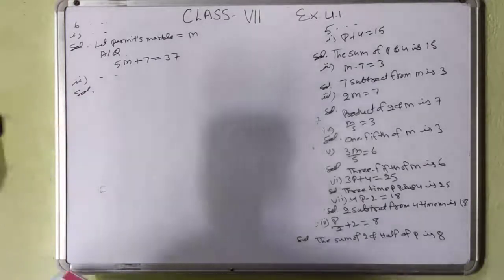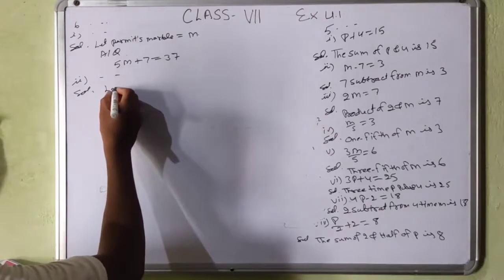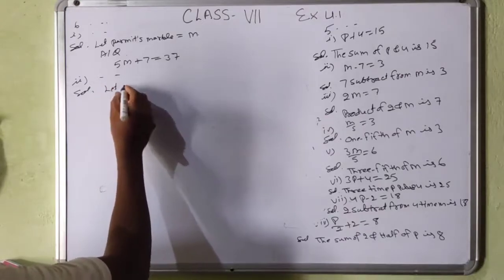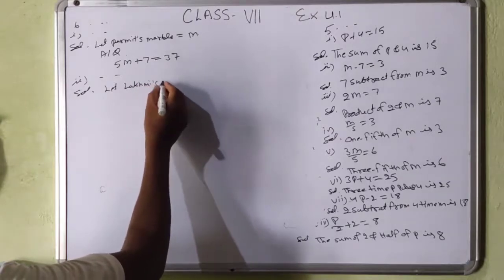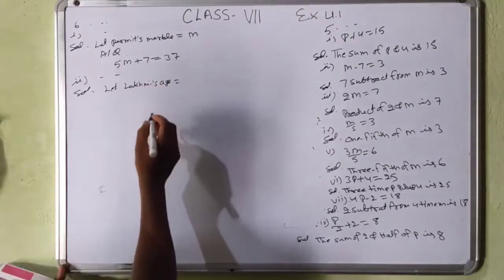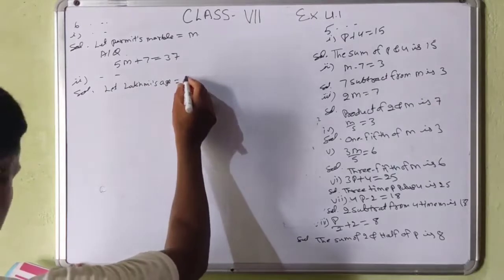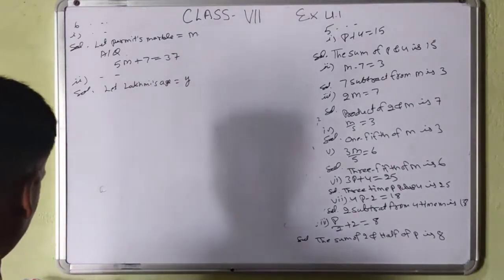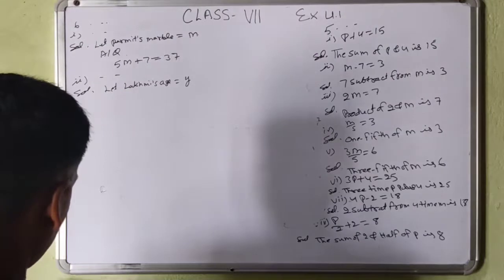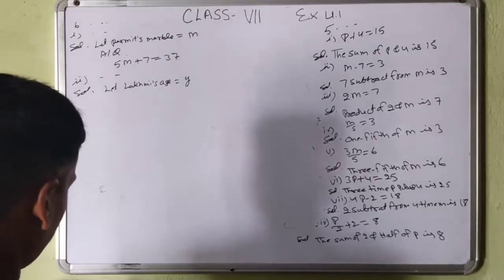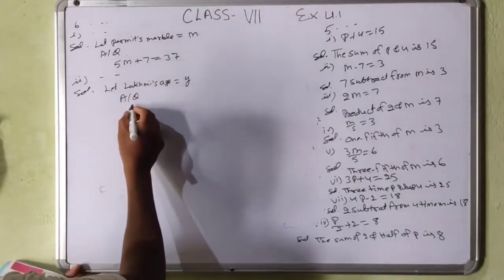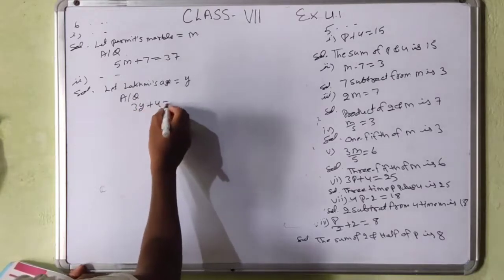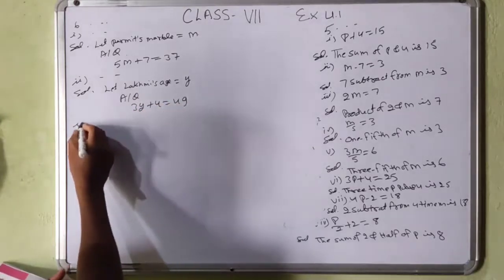So let Lakshmi's age be y, and then 4 years older means plus 4, and 3 times is 3y. So according to the question, 3y plus 4 is equal to 49.